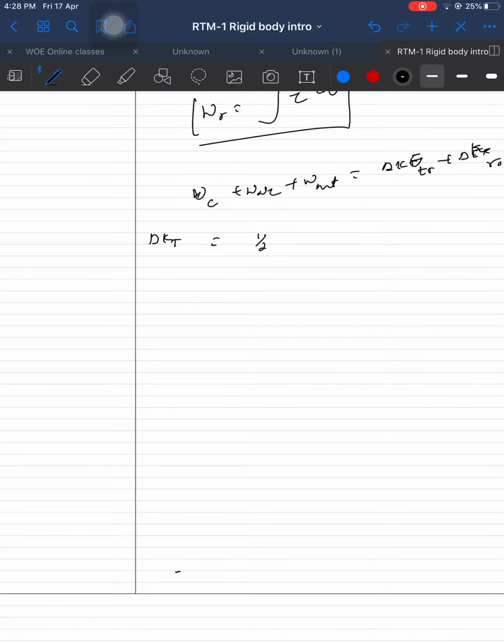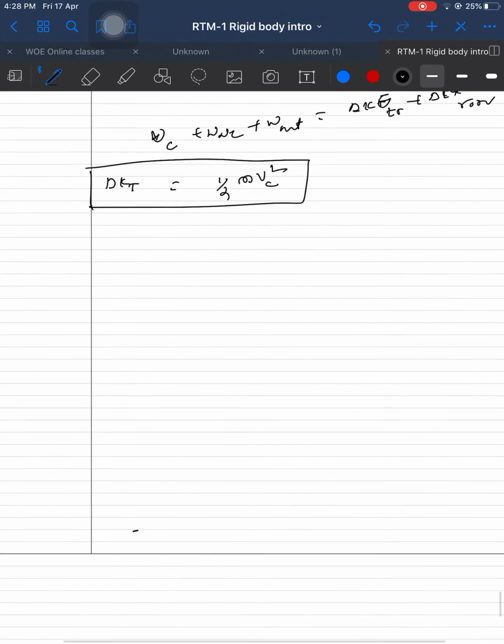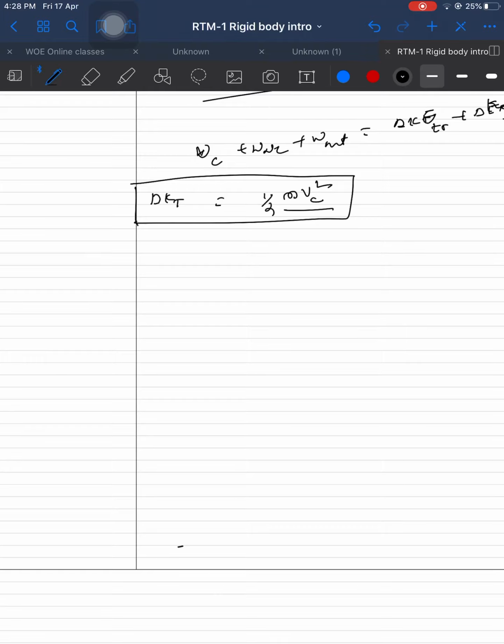Translatory kinetic energy is equal to half m v center of mass square. If they mention translatory kinetic energy, we just need to write half m v center of mass square.